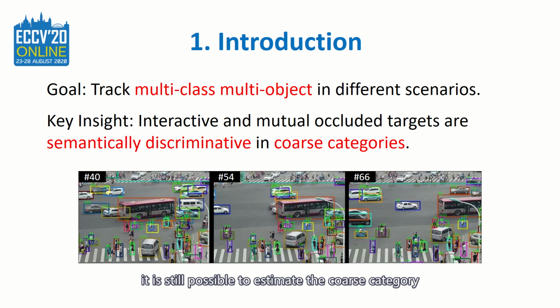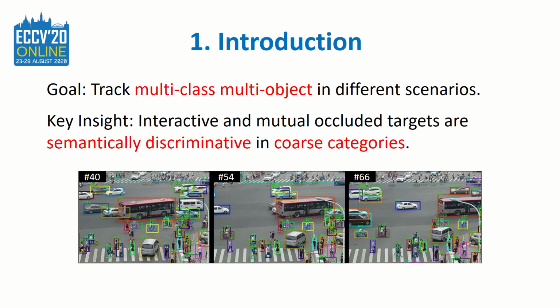Nevertheless, it is still possible to estimate the coarse category, people or vehicle, of each target, and this allows us to eliminate target occlusion and interaction by tracking targets in different coarse categories respectively.